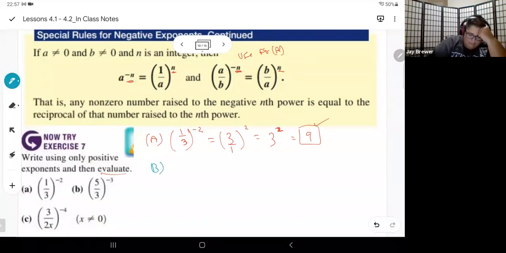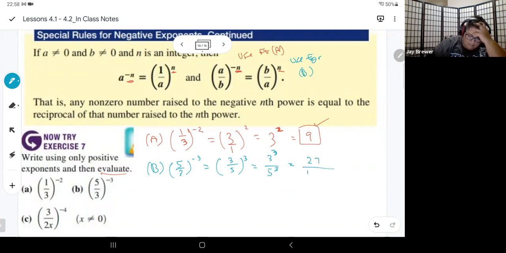B now, we're going to do the same thing. We're going to flip that fraction because it was 5/3 to the -3. We're going to make it 3/5 to the 3rd, which makes it 3 cubed, which we know is 27, and over 5 cubed, which we know is 125.